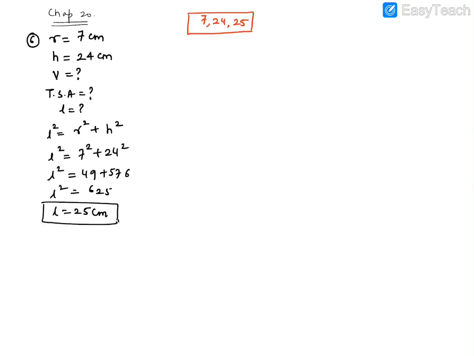For volume, we'll use the formula V is equal to 1/3 pi R squared H. So it will be 1/3 into pi. The value of pi is always 22 upon 7 unless they specify something. Into 7 into 7 into 24.